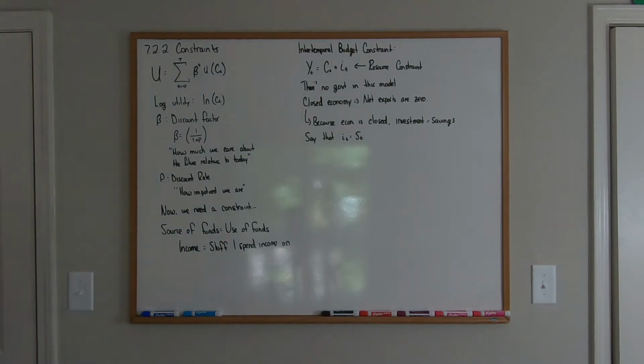Whatever I'm not spending on that stuff, I'm saving. And whatever I'm going to choose to save is dependent on 2 things. One, my preferences, the discount factor and the discount rate.